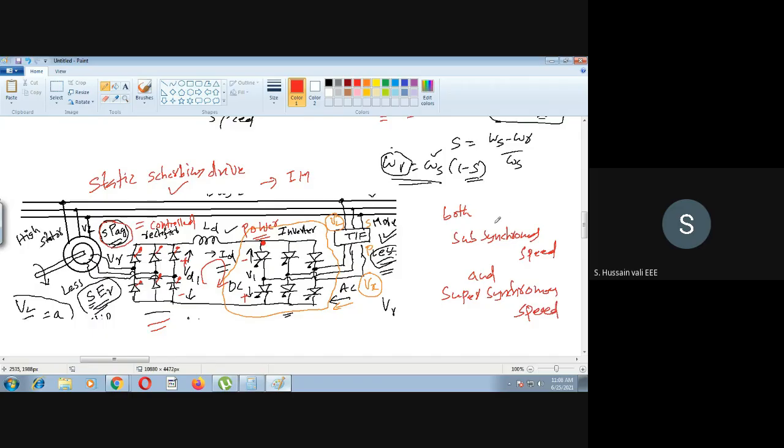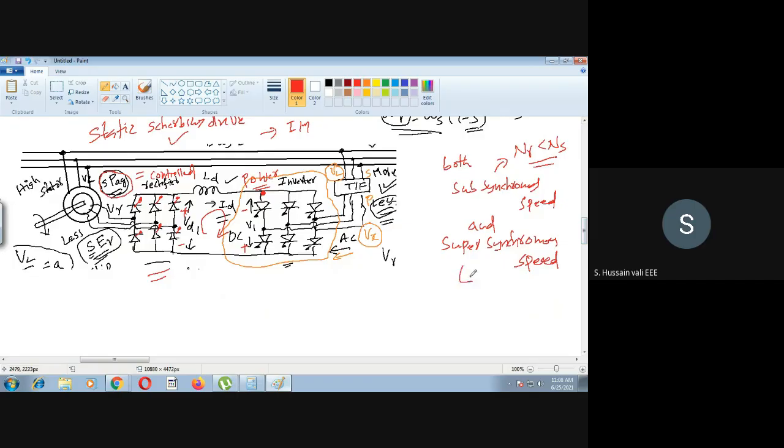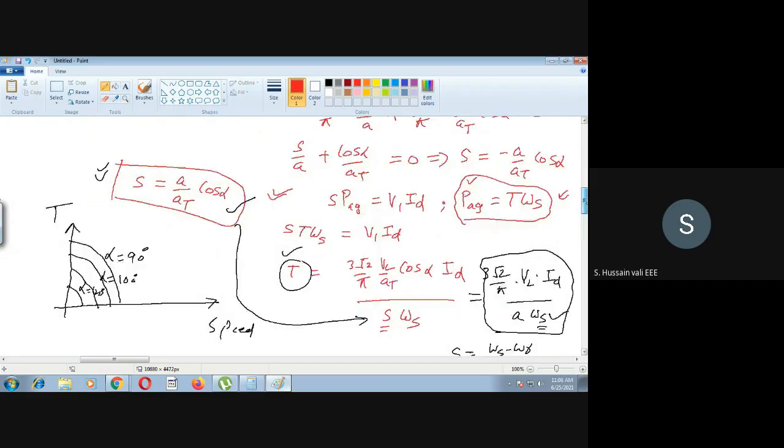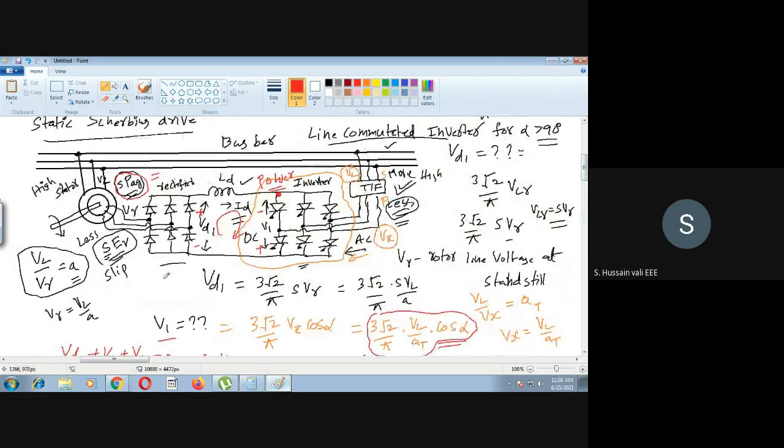What is meant by sub-synchronous speed? Sub-synchronous speed in the sense your NR value is always less than NS. Okay, this is sub-synchronous speed. What is super synchronous speed? NR is greater than NS. I hope you know these words, sub-synchronous speed and super synchronous speed. So the first picture is only for sub-synchronous speed.